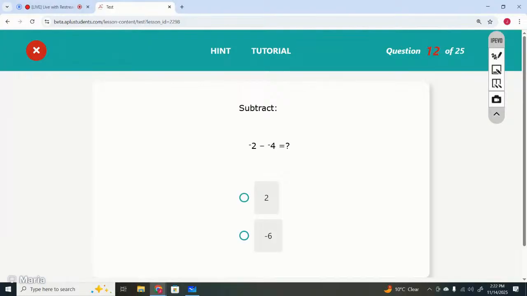Subtracting a negative number is same as adding. Negative 2 plus 4 equals 2. The correct option is 2.